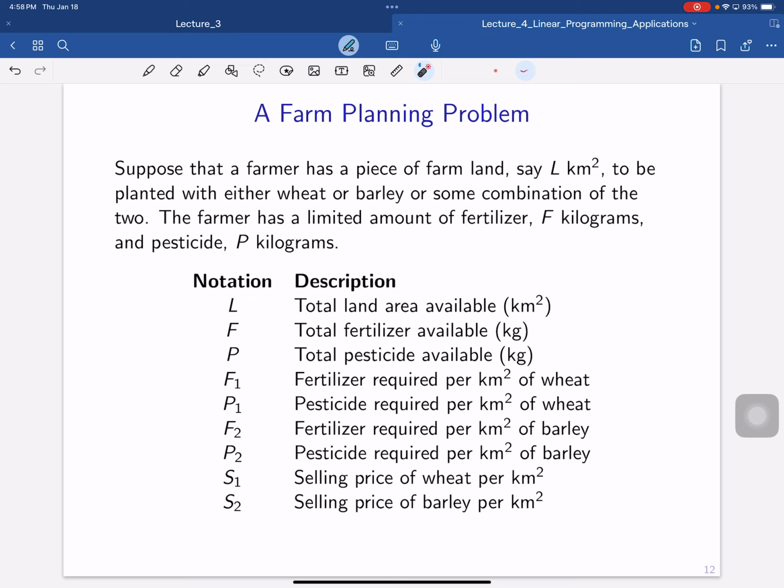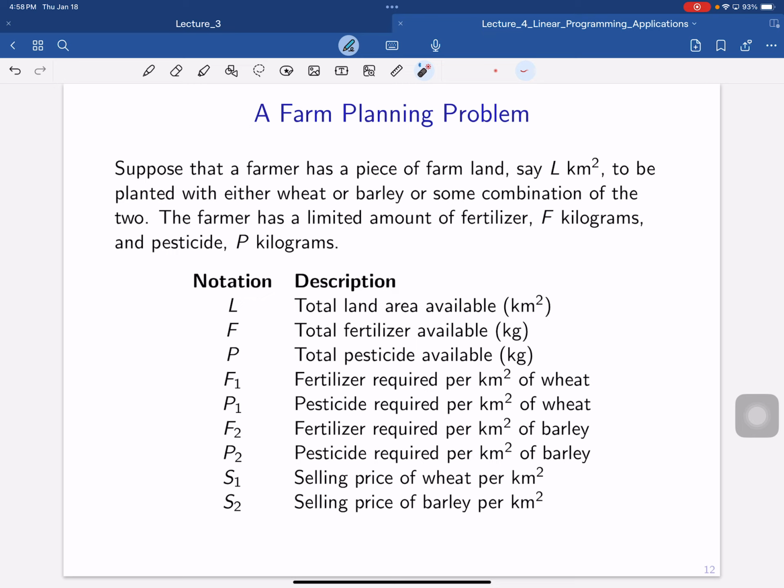And it also has a limited amount of fertilizer, F kilograms, and pesticide, P kilograms, right? So in this problem, there are three different types of resources: the land, the pesticide, and the fertilizer. And there are two types of goods the farmer can produce, which are the wheat and the barley. Okay, that's just an instantiation of the problem.